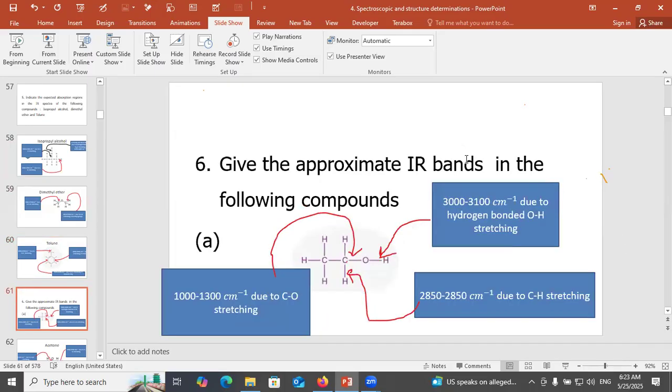Give the approximate IR bands in the following compounds. 3000 to 3100 per cm due to hydrogen bonded OH stretching and carbon hydrogen, 2850 to 2950 per cm due to carbon hydrogen stretching, and 1000 to 1300 per cm due to carbon oxygen stretching.